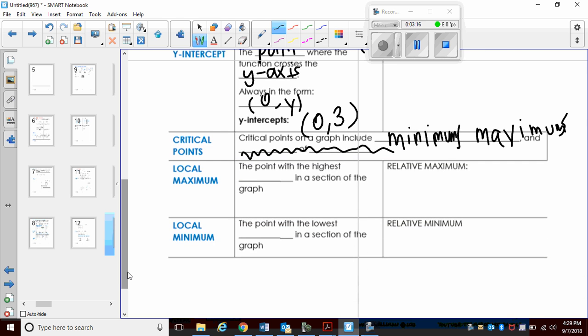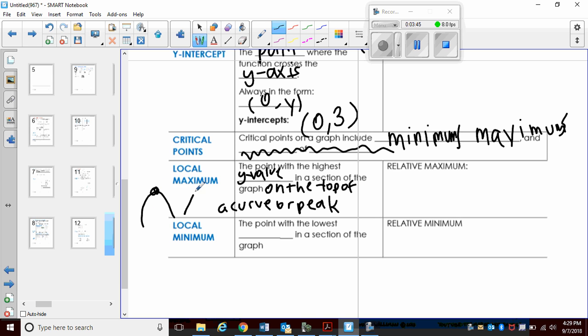But maximums, this is the point with the highest y value in the section of the graph on the top of a curve or peak. For instance, maximum would be at the top of a curve or a peak or an object with a peak.